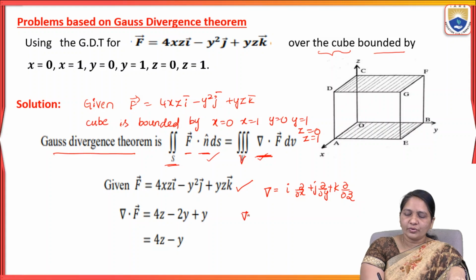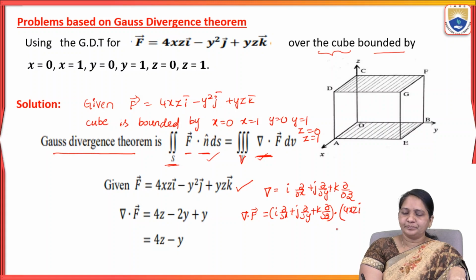So here we are going to calculate del dot f bar. We already know f bar. Del dot f bar means del, which is i dou by dou x plus j dou by dou y plus k dou by dou z, dot f, which is 4xz i minus y square j plus yz k.